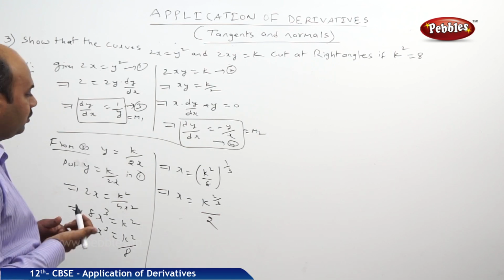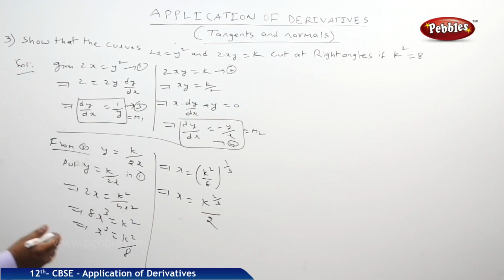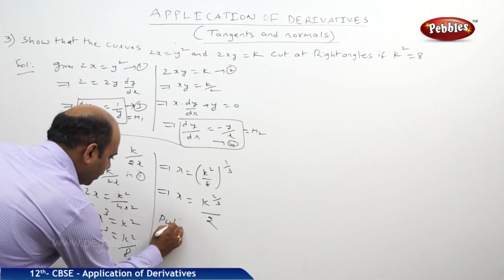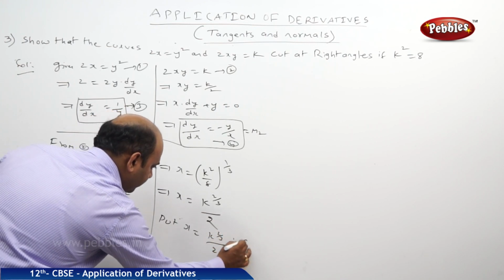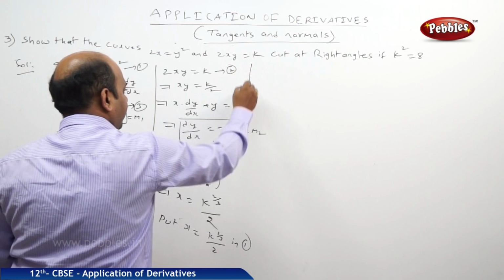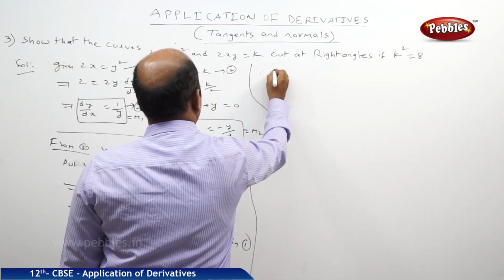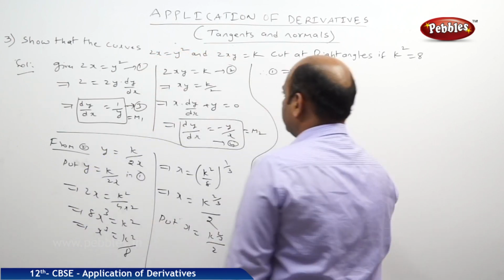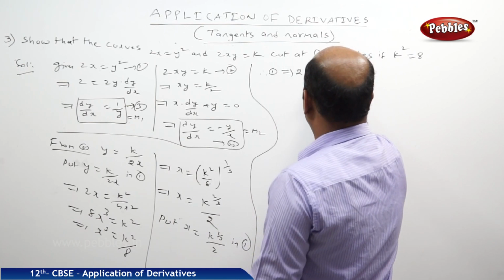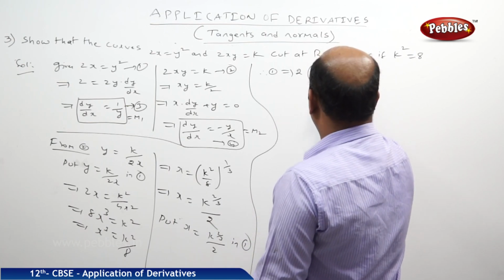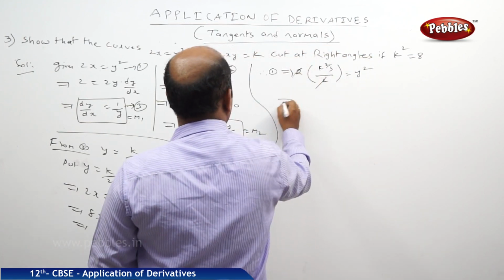Finding the coordinate of y will be easy by substituting in 1. So put x is equal to k power 2 by 3 by 2 in 1. That implies 2 into k power 2 by 3 by 2 is equal to y square, so 2 will get cancelled.